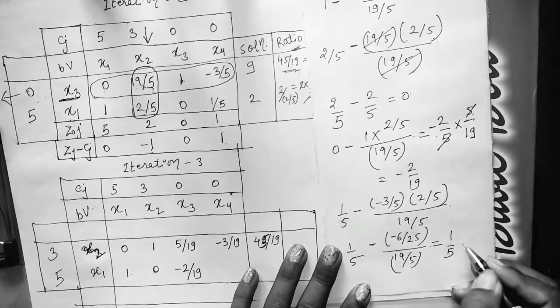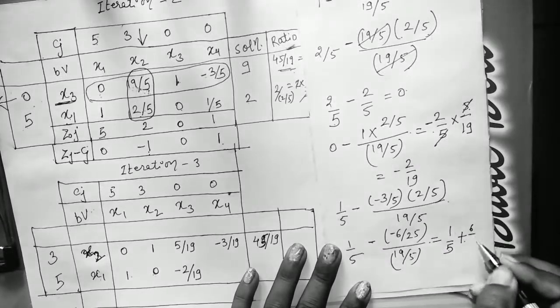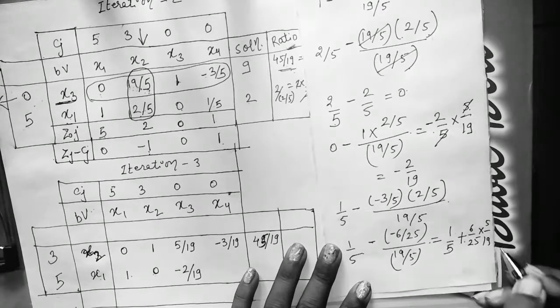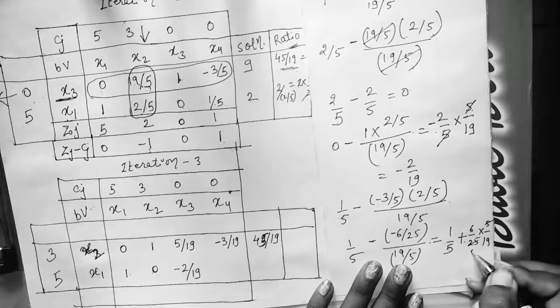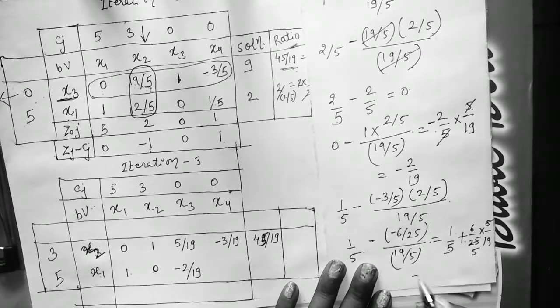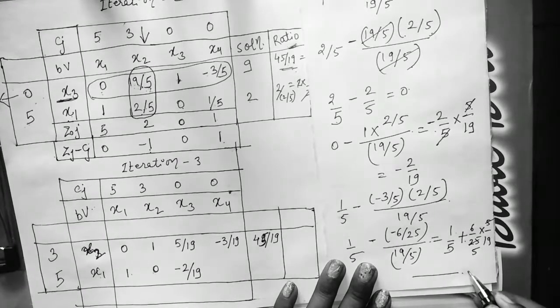This minus minus will be plus, and this is 6 upon 25 into 5 upon 19. So the solution will be 19 upon 5, and this will be equal to 5 upon 19.